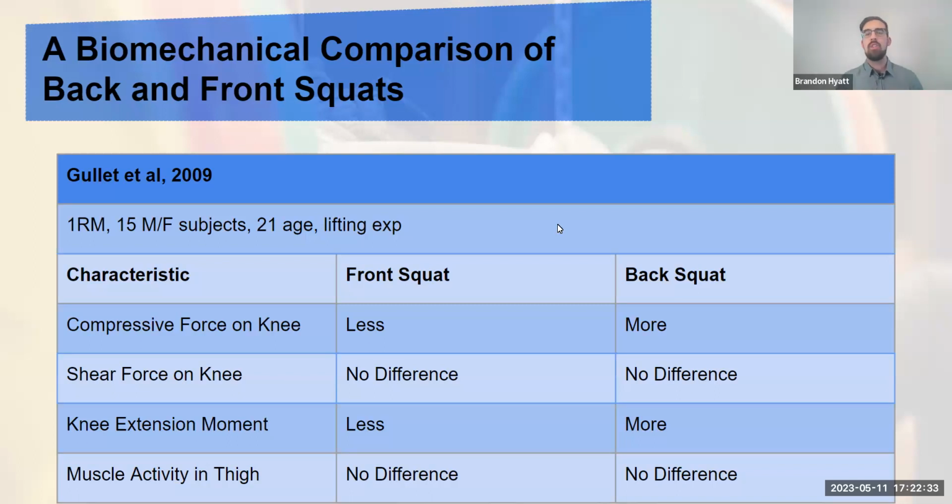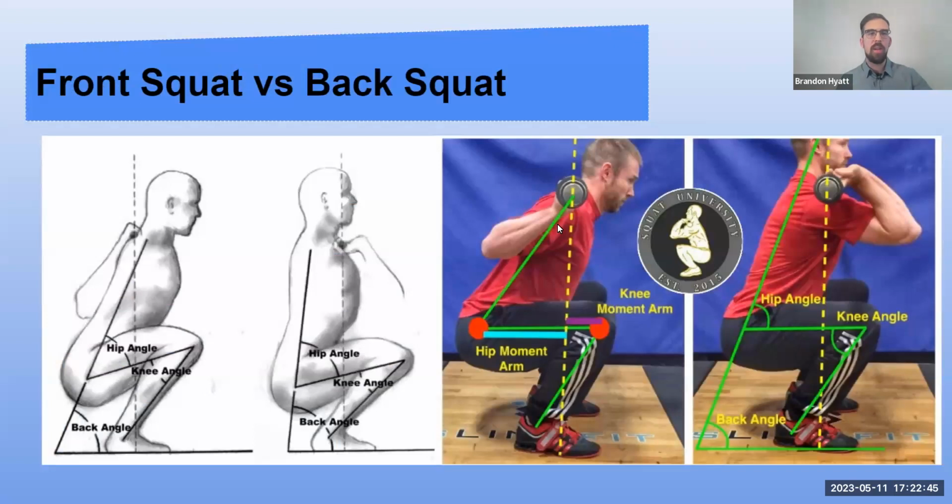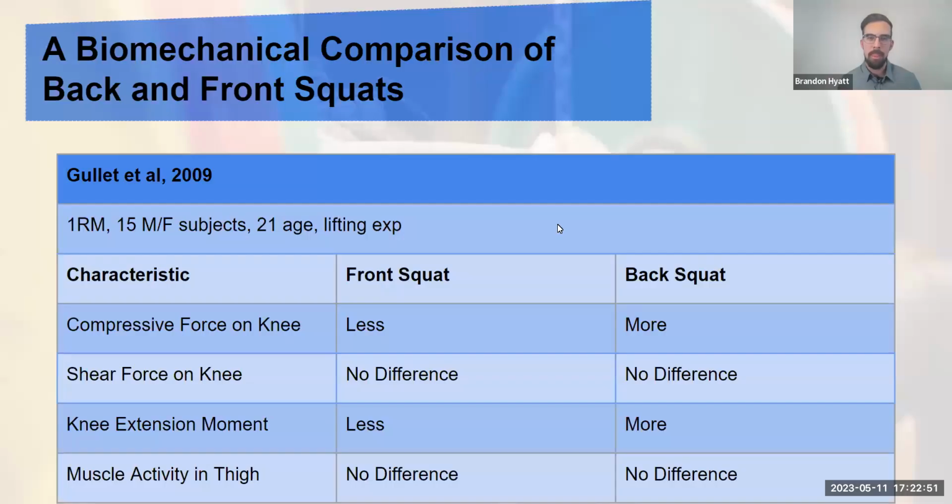Our body is always going to try to keep the load over our base of support, and it's going to move our body in different ways to accomplish that. That's why in this last picture, we can see a difference in the kinematics in the joints between the front squat and the back squat.